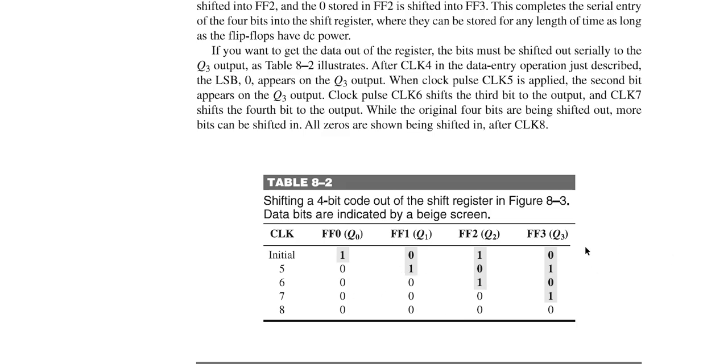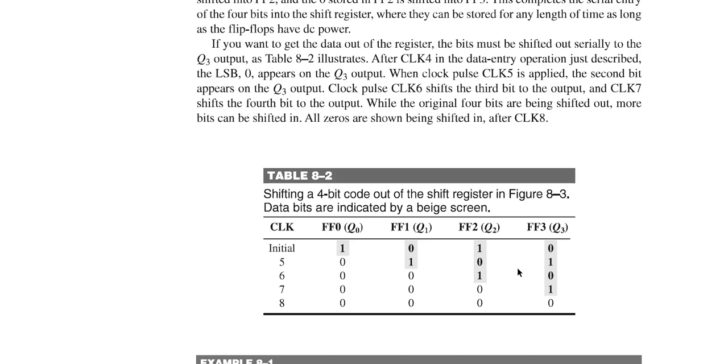First the 0 is taken outside, then 1 on the sixth clock pulse, and then the seventh and the eighth. At the eighth clock pulse, all the flip-flops become 0, and the output has taken place in a serial manner. So this is all about the serial-in serial-out SISO shift register.